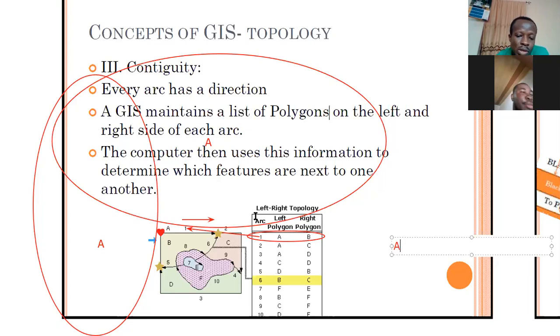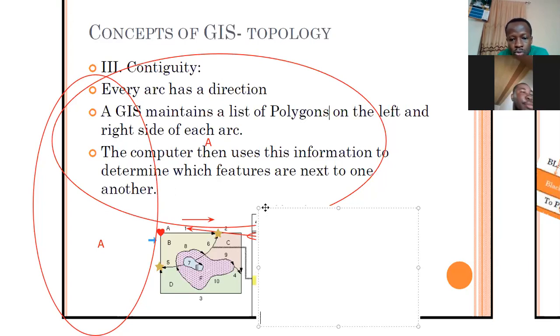But when you do arc 2, for example, what would you get? What will be to your left? What will be to your right? At arc 2, I think my right will be C. Okay, and then your left?